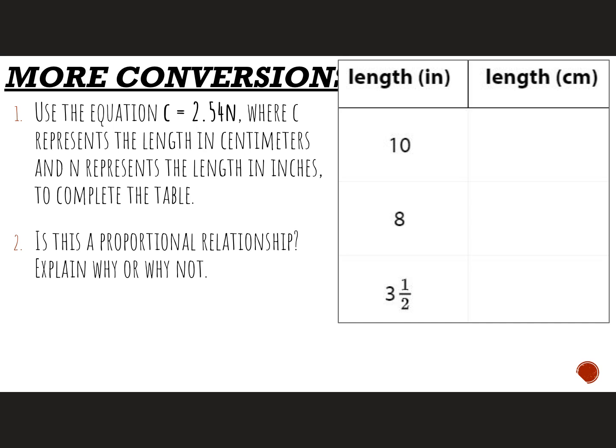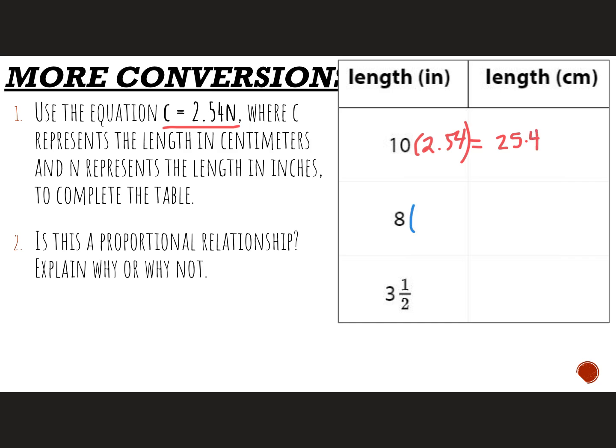For this next one, we have the equation C equals 2.54n, and this is the conversion from length in inches to length in centimeters. So we're going to just multiply everything times 2.54, and that's going to give me 25.4 for the first one.